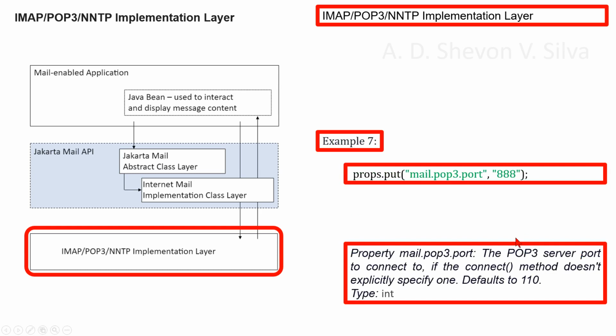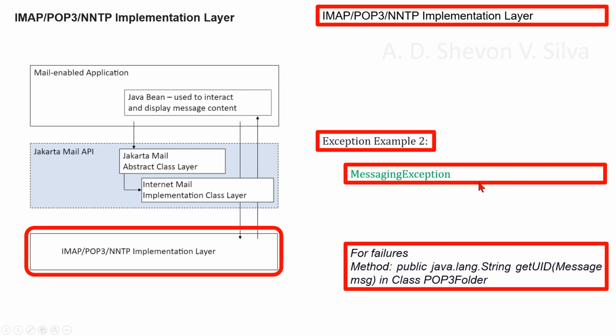As an example 3, we can consider this code segment here. Property mail.pop3.port, the POP3 server port to connect to. If the connect method doesn't explicitly specify one, default to 110. The type of this property is int.